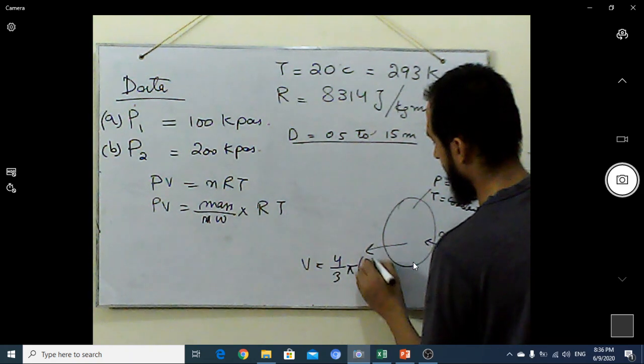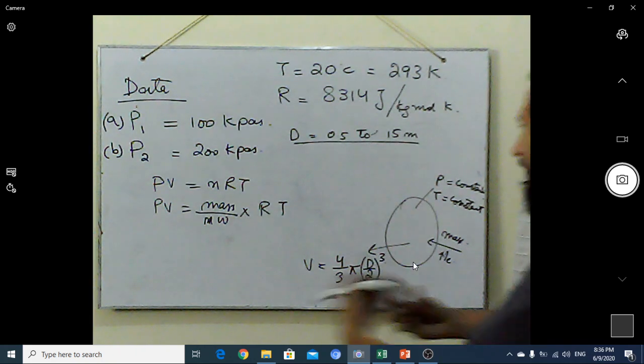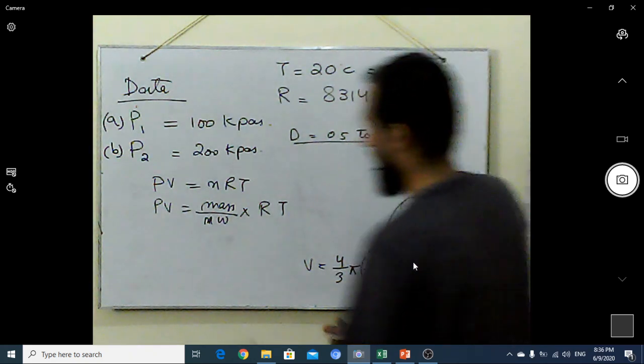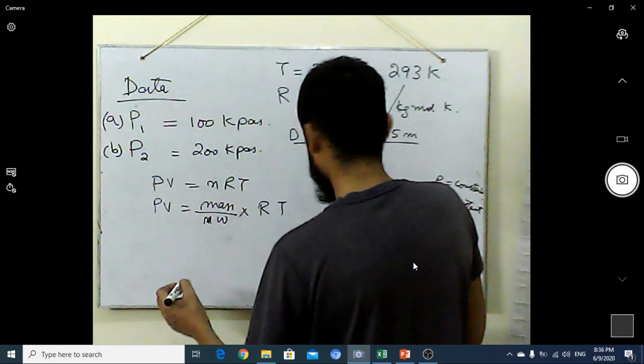So it becomes like this. D/2 is actually the radius. We put all these formulas in this equation in order to easily develop the relationship between the mass and the diameter.